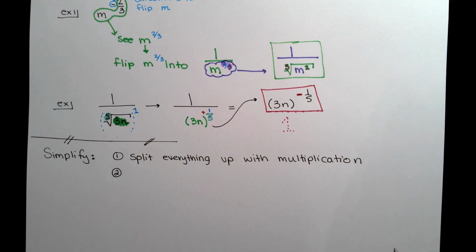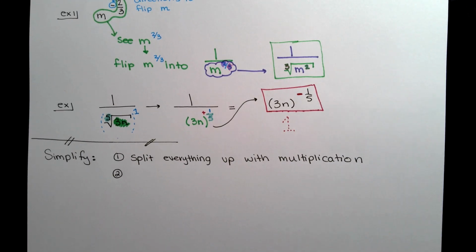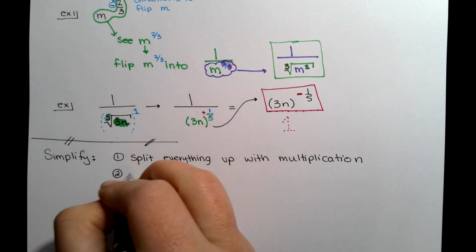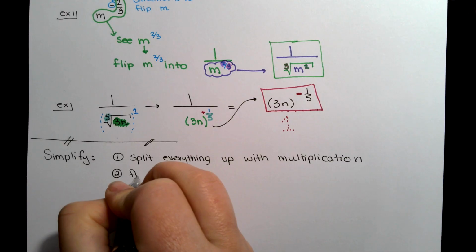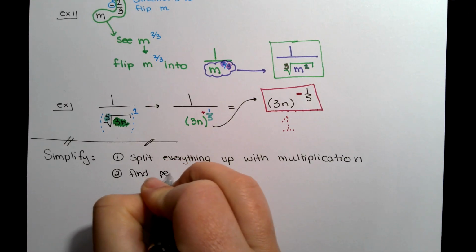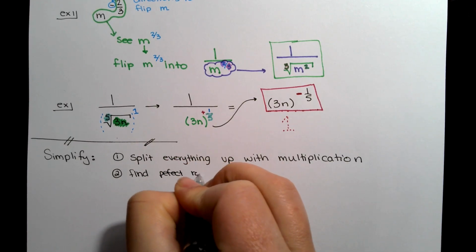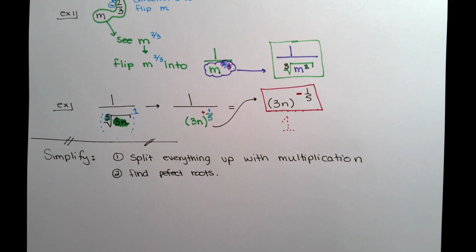Second thing you want to do is you want to find and evaluate the perfect whatever roots we have. So for example, if we have the 7th root, we want perfect 7th roots. If we want to convert to fractions, we can. So find perfect roots.